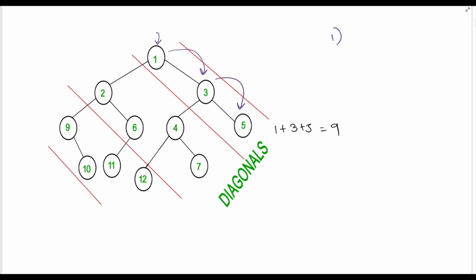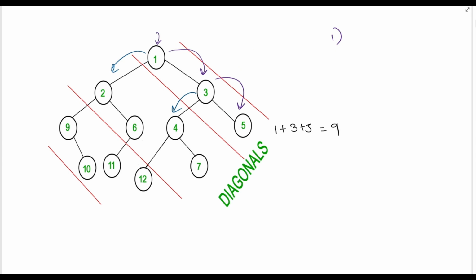The next thing is 1's left will be in the second iteration, right? 3's left will be in the second one. Now 5 does not have any left, so it will not be there anyway. So for the first iteration, we will have 1 and its right nodes.